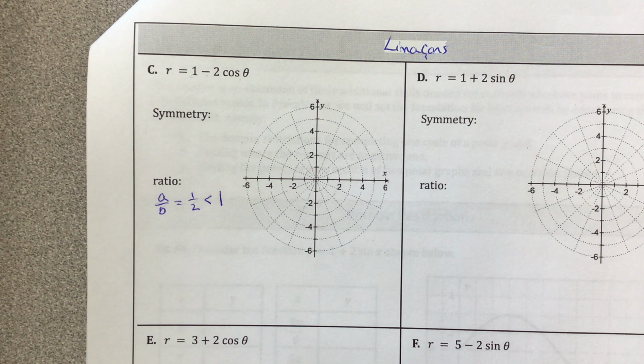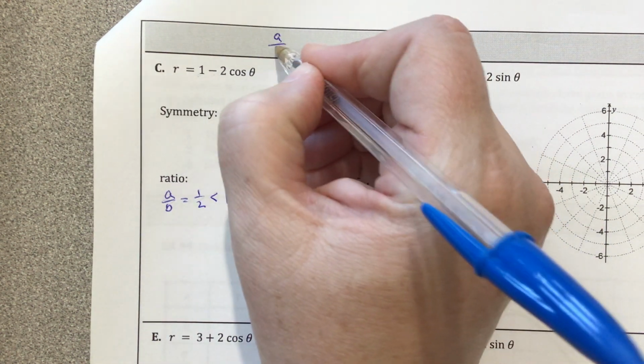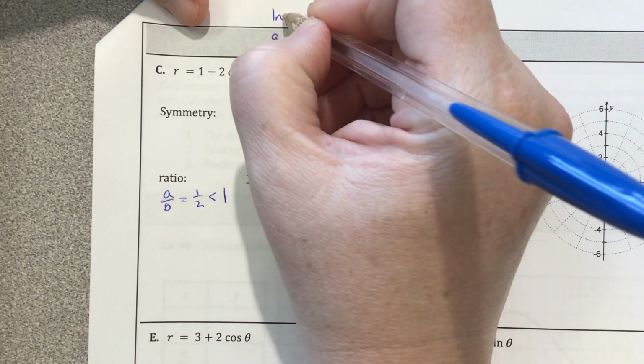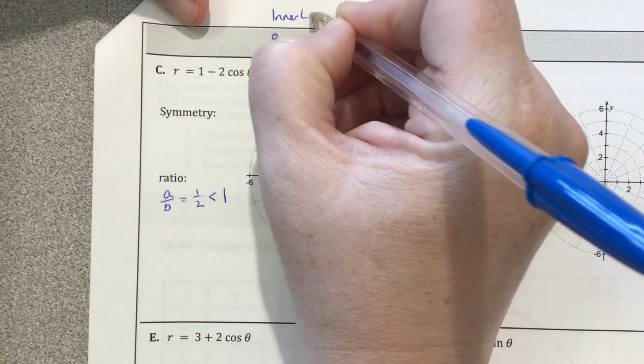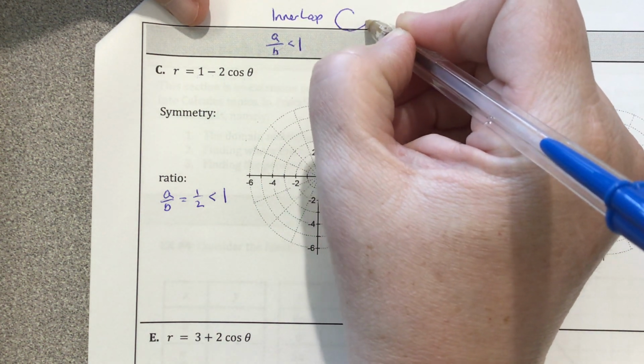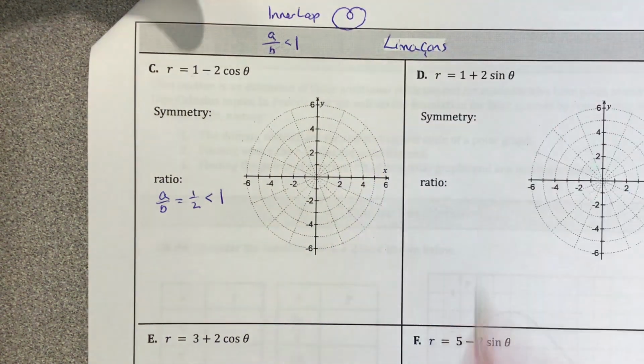So instead of having a graph that pulls in just to a sharp point here, if A over B is less than 1, then we will have what we describe as an inner loop. It'll look similar to a cardioid like this, but then at the tip, it's going to loop-de-loop inside.